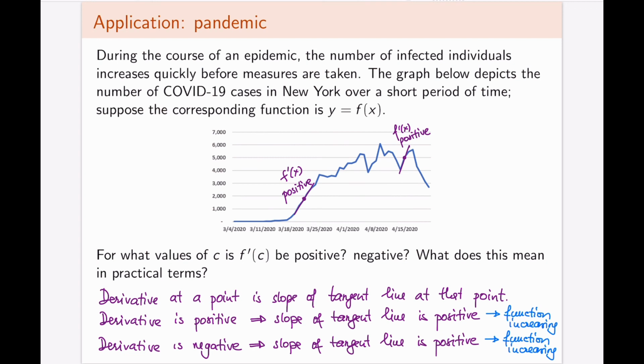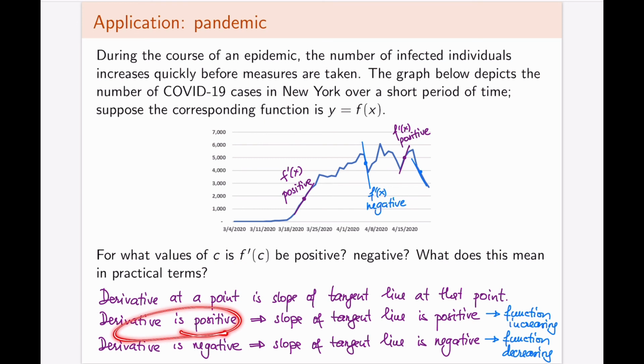So if the derivative is negative, the slope of the tangent line is also going to be negative, and that would mean that the function itself is in fact decreasing. So this happens also at a few points on the graph. So for example, here, the derivative is negative, somewhere like here, the slope is pointing down, so the derivative is negative again, and so on and so forth.